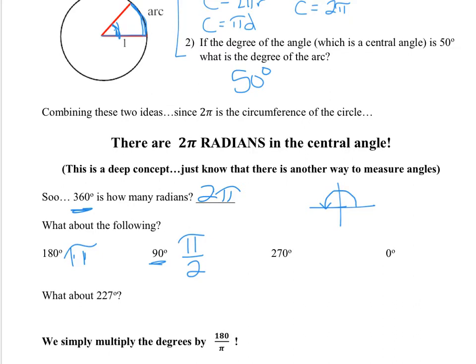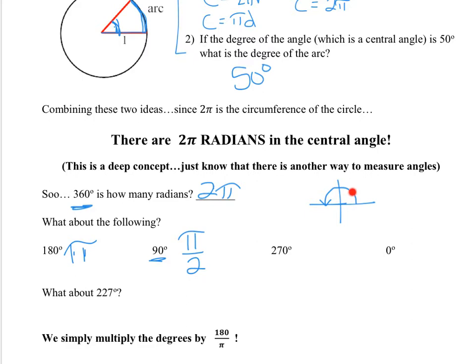Right? So 270 tends to throw people sometimes, but let's think about it logically. I like to count by halves. From here to here is pi over 2, and this one is 2 pi over 2, which is just plain old pi, and then all the way around this would be 3 pi over 2, and this one would be 4 pi over 2, which is 2 pi.